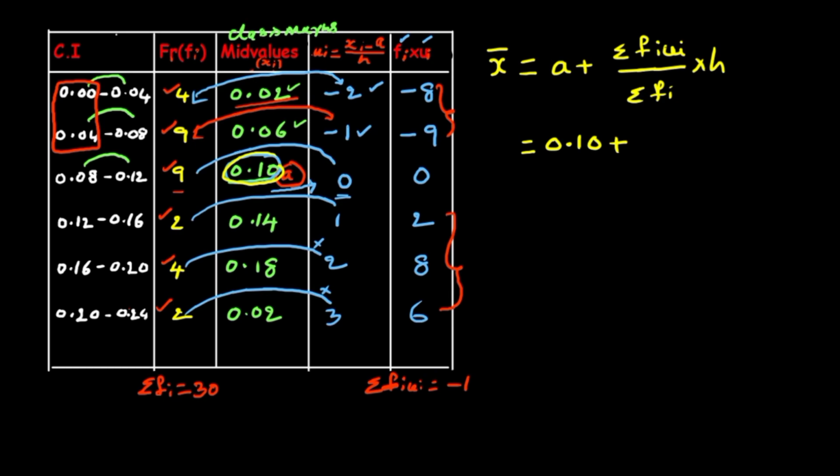What is sigma fi ui from this? Already we got it, minus 1, divided by sigma f, which is 30, into the class size. Already we have discussed that: the difference between the lower limits or the upper limits. Either the lower limit difference or the upper limit difference you can take, and you will get 0.04. That is the class size for this.